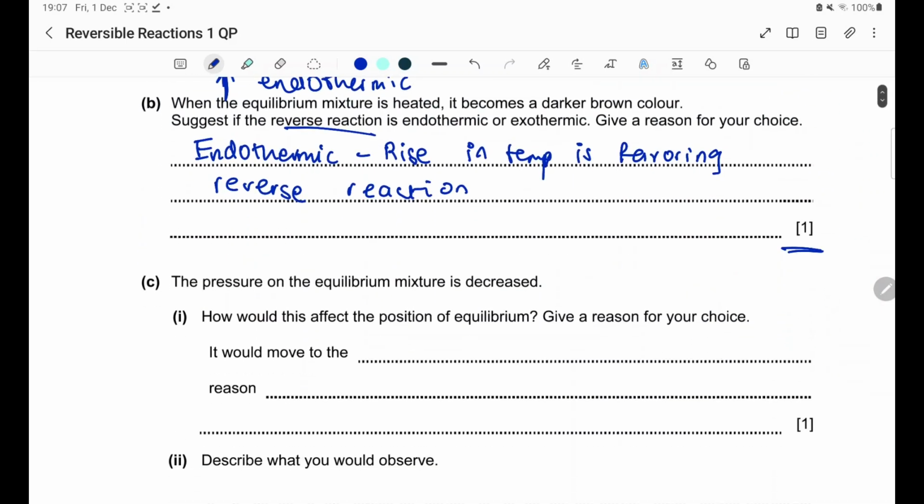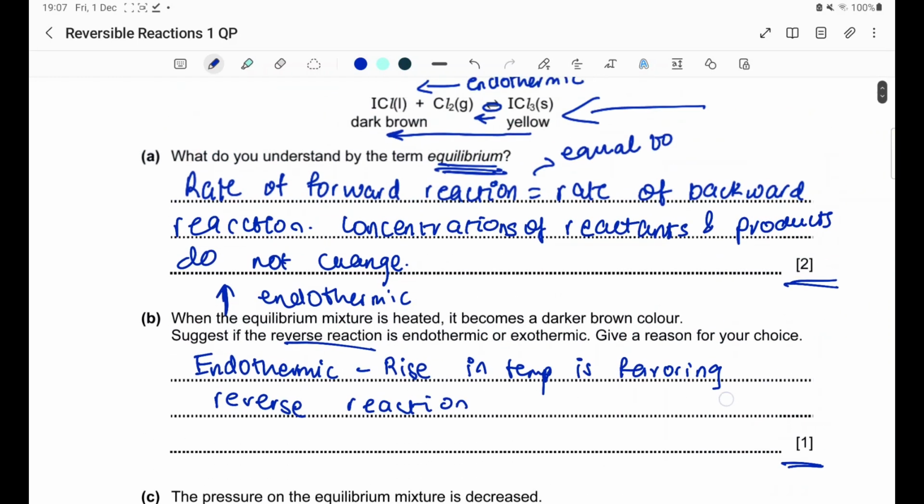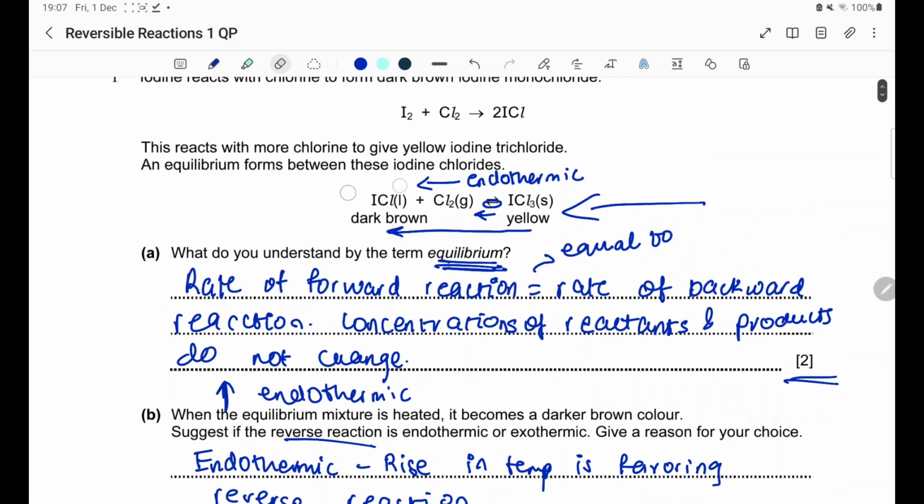The pressure in the equilibrium mixture is decreased. How would this affect the position of equilibrium? Right. Let's count our moles. 1, 1, and 1. So in our reactants, we'll have a total of 2. 1 plus 1, 2. In our products, we have 1.